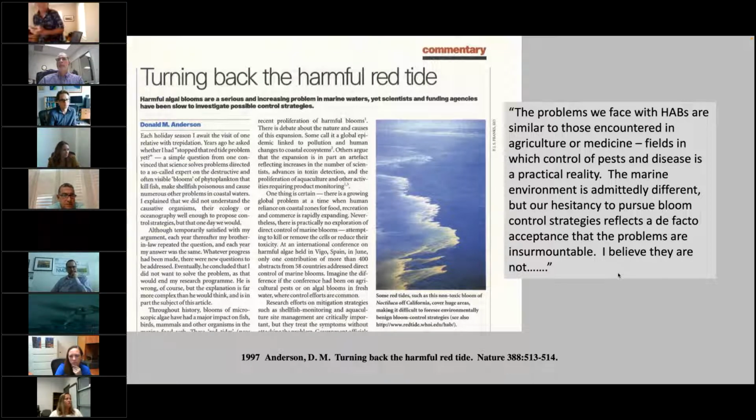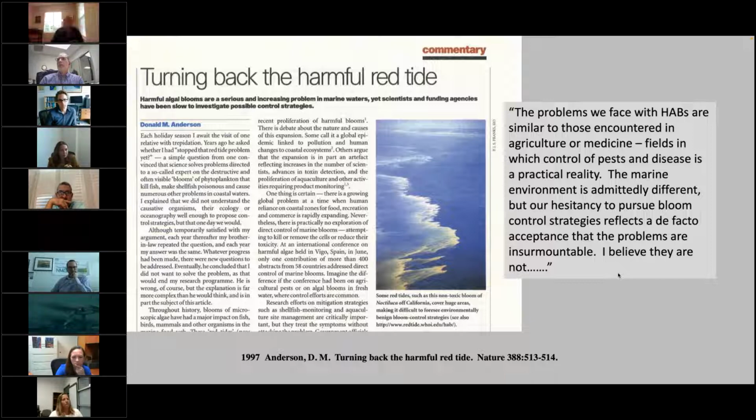And I'll just read this quote, for those who may not be able to see this or are listening, from that commentary. I wrote that the problems we face with HABs are similar to those encountered in agriculture or medicine, fields in which control of pests and disease is a practical reality.